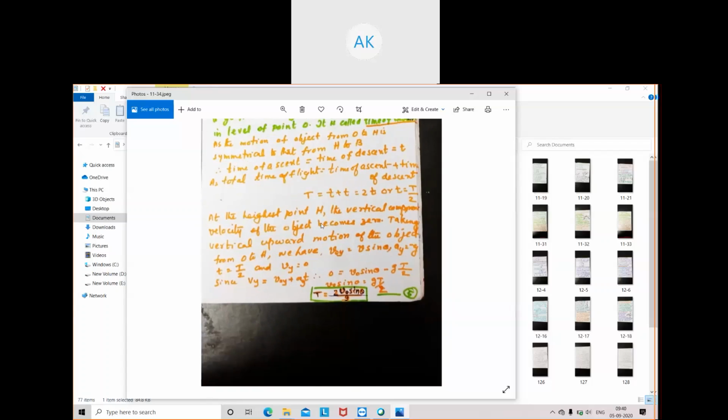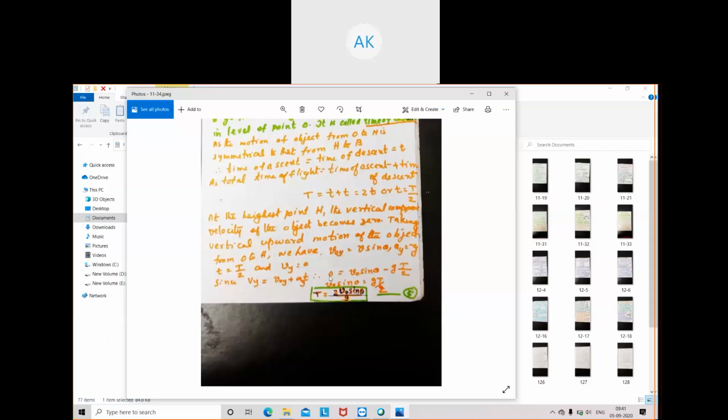This is the equation: Vy equal to V0y plus Ay into T. When it reaches the highest point, what is the final velocity Vy? That is 0. What is the initial velocity y component?